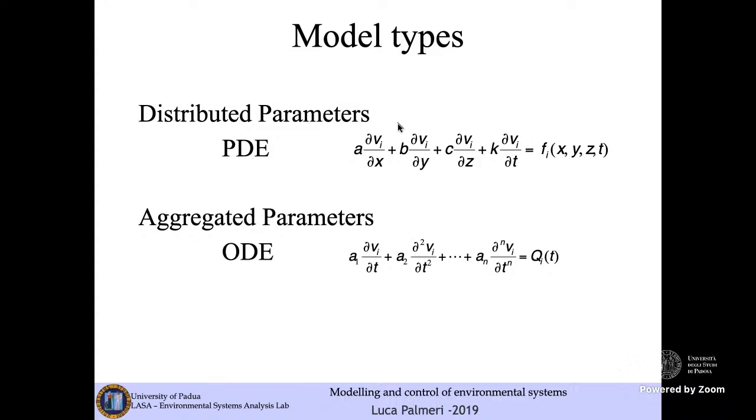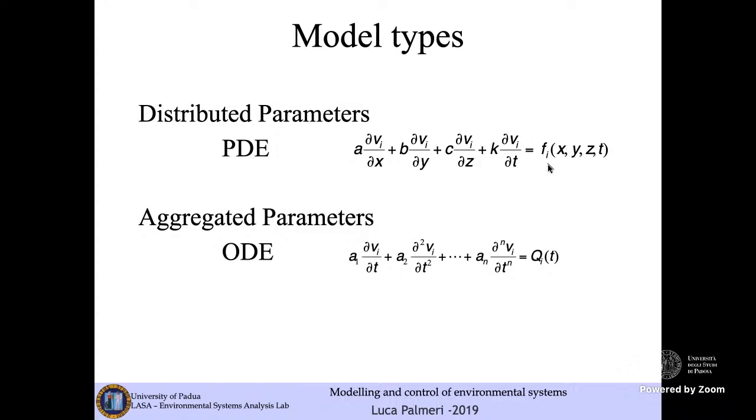A typical way of representing a differential equation in a distributed parameters model is an equation in which you consider derivatives on the different spatial coordinates, but also on the temporal coordinate. Typically, you may write that the variation in time of a certain state variable and the variation in space of a certain state variable, combined by this differential equation, is equal to a function of space and of time.